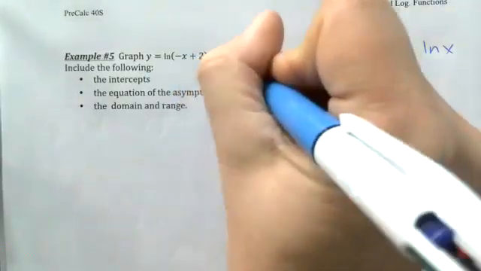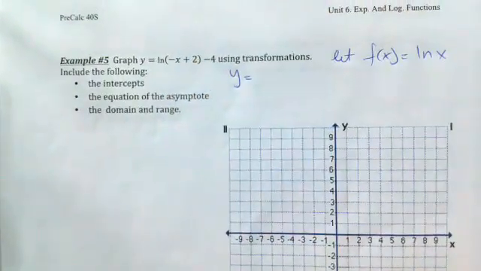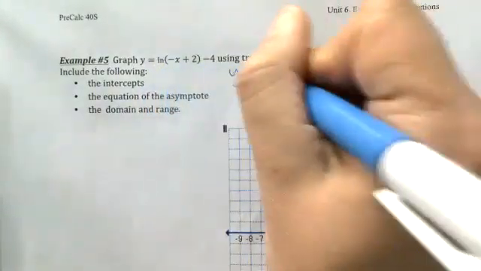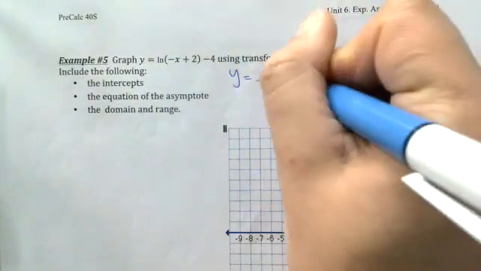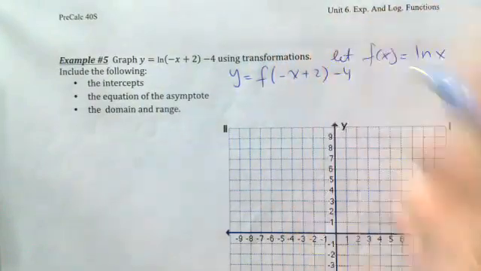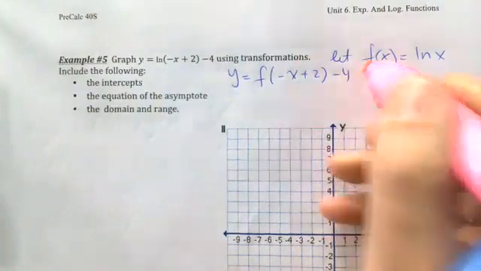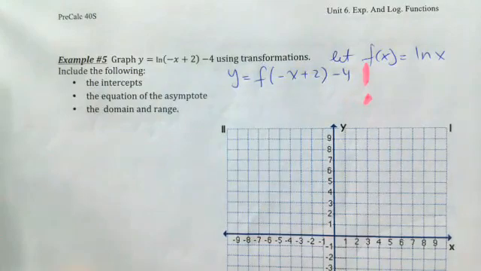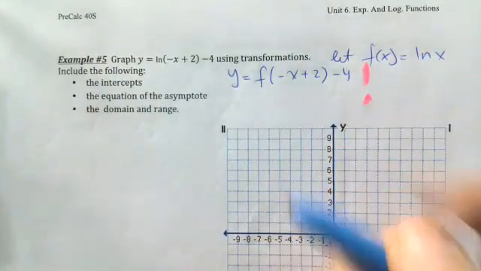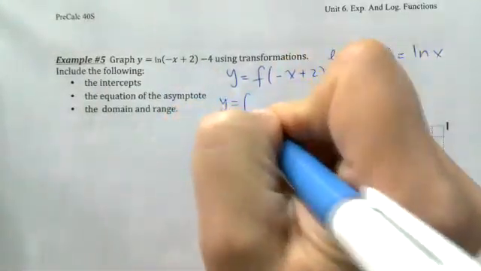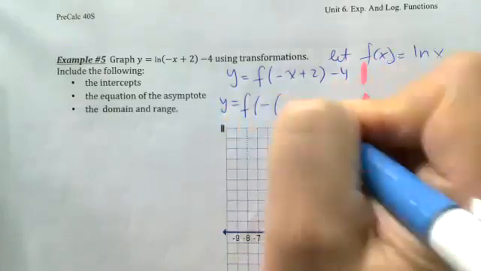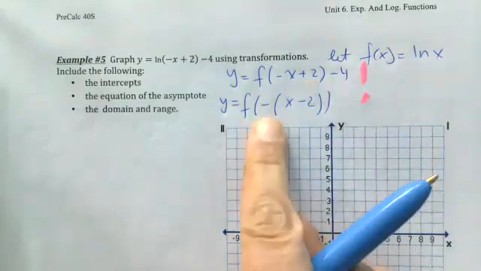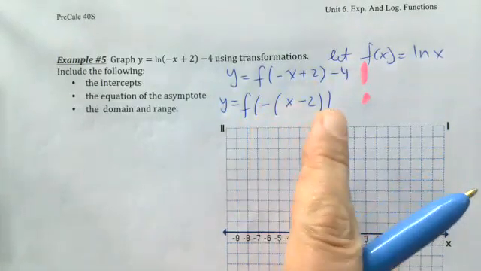And then we have y equals, there's nothing in front of the function, so straight f of negative x plus 2, minus 4. We're going to notice that it's not in standard form, right? Why? The negative in front of x has to be factored out. So y equals f of negative bracket x minus 2, which changes the sign for the 2 because you're factoring the negative out of both of those terms.